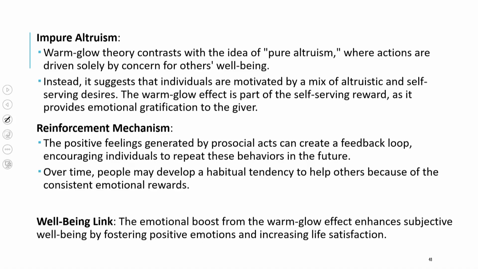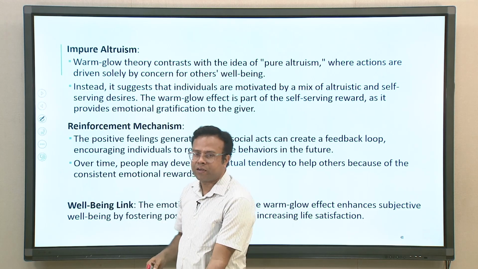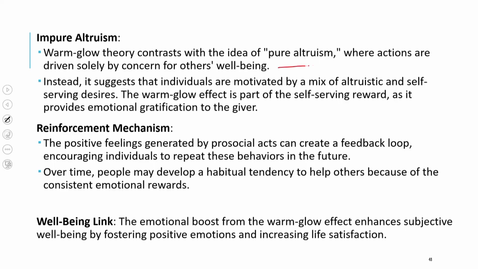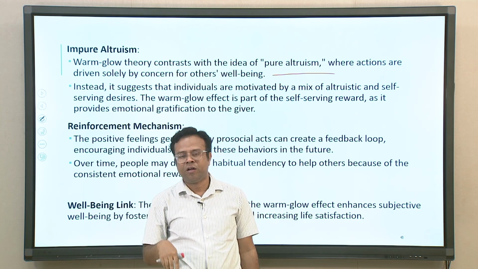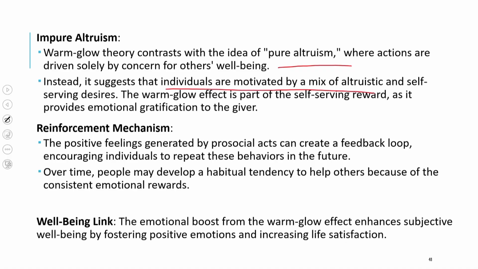Here, warm glow theory says there is no pure altruistic motive for any kind of prosocial behavior. It contradicts the idea of pure altruism, where people do prosocial behavior purely without any expectation of reward. Instead, it says individuals are motivated by a mix of altruistic and self-serving desires.